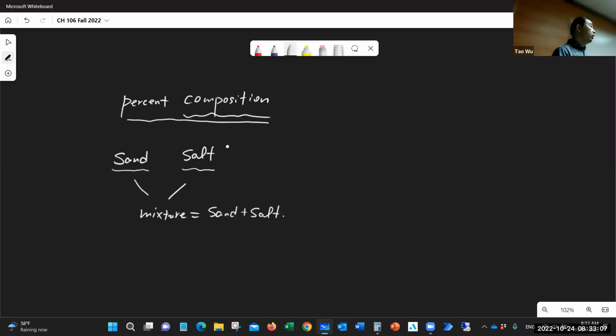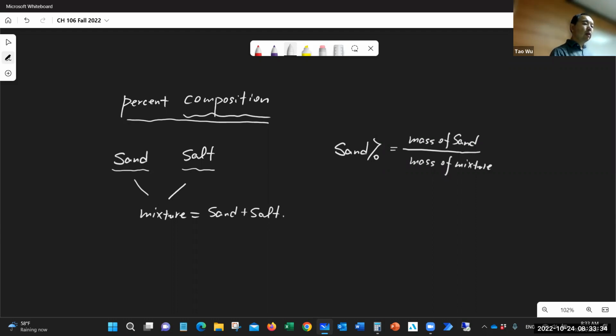If you want to figure out the percent composition, the percent of sand is just the mass of sand divided by the total mass of the mixture, and you're going to times 100%.